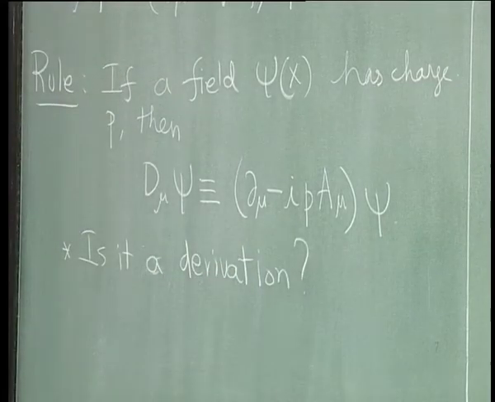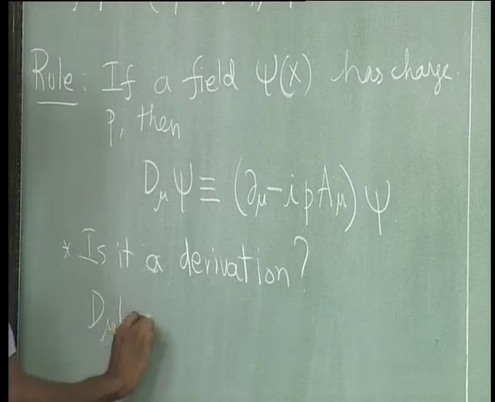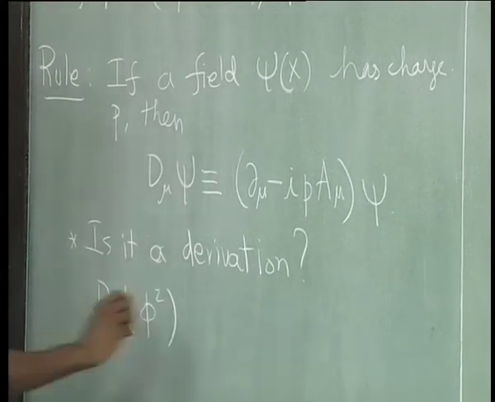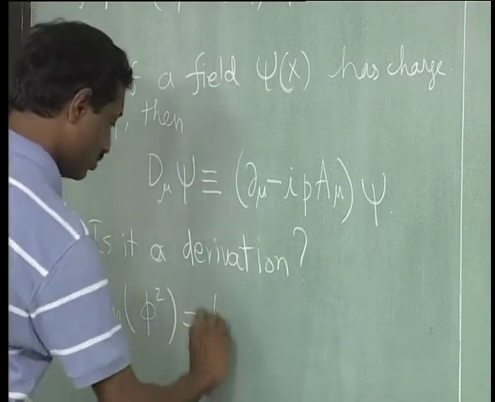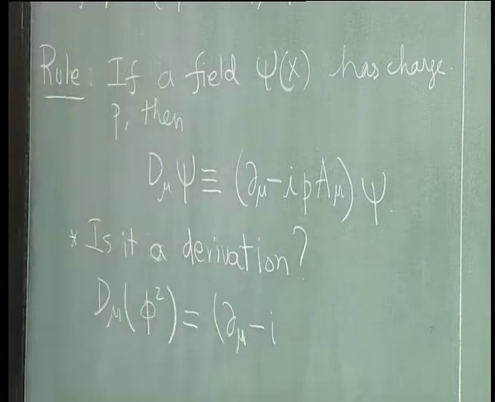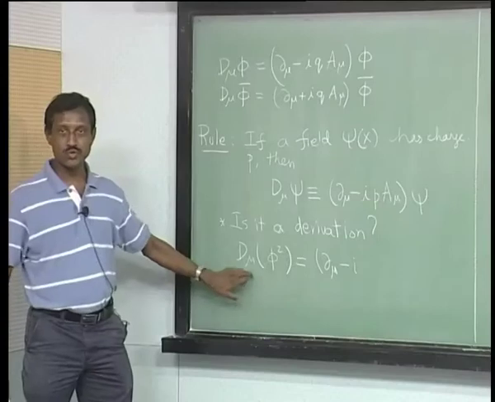So, I gave you a couple of examples, hopefully you have checked them out. The first one, for instance, was if you take psi to be phi square, according to this rule it should be equal to D mu minus i, and the charge of phi square will be 2q, if phi has charge q.